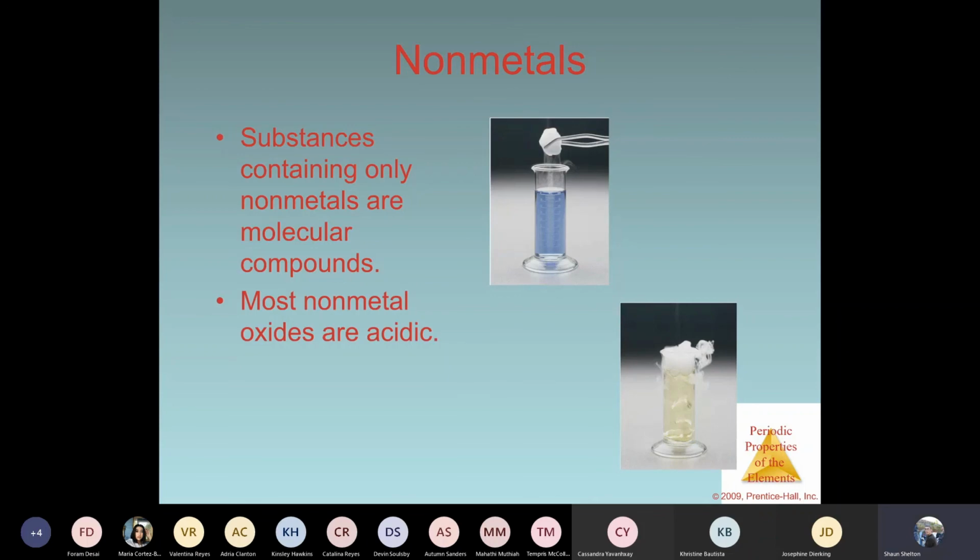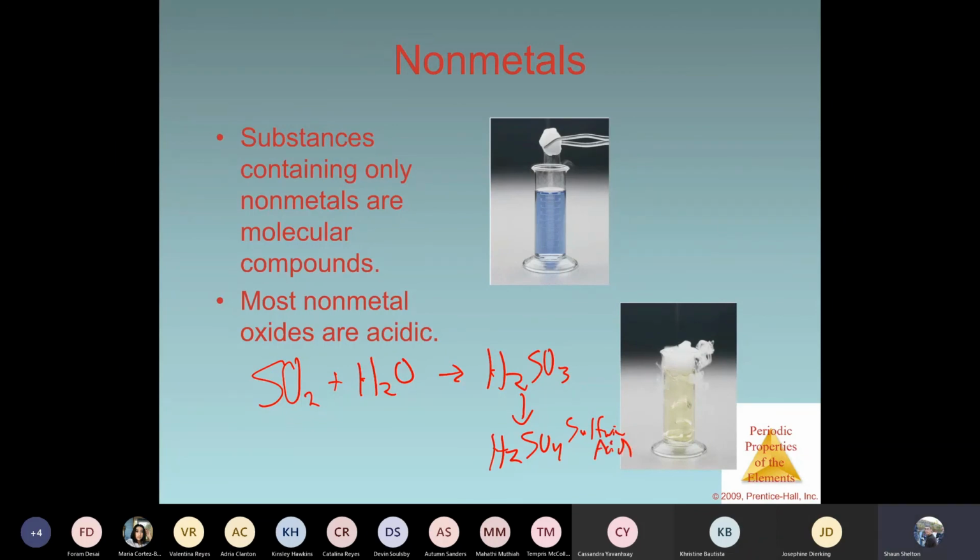And I'm just going to give you a simple reaction here. So SO2 reacting with H2O will form H2SO3, and that could go on to form H2SO4. H2SO4 is sulfuric acid, and sulfuric acid is a strong acid.